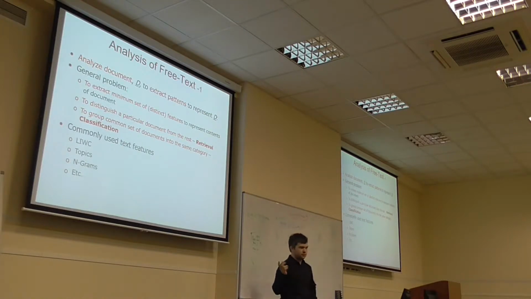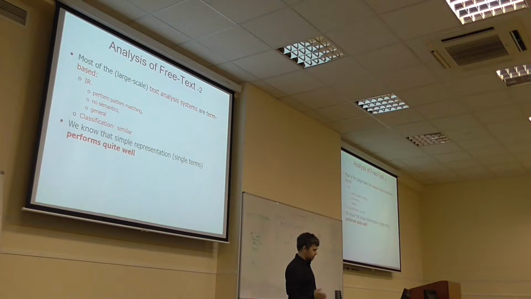So we have different types of features, right? Like the LWC that we discussed yesterday, and topics and ranks and so on. Different feature representations of text, and actually any other information. And it's actually interesting, maybe some of you may argue with me, but in fact, most of the really large-scale text analysis systems are term-based, just because if we try to do something more complicated, it will take too much effort to analyze.